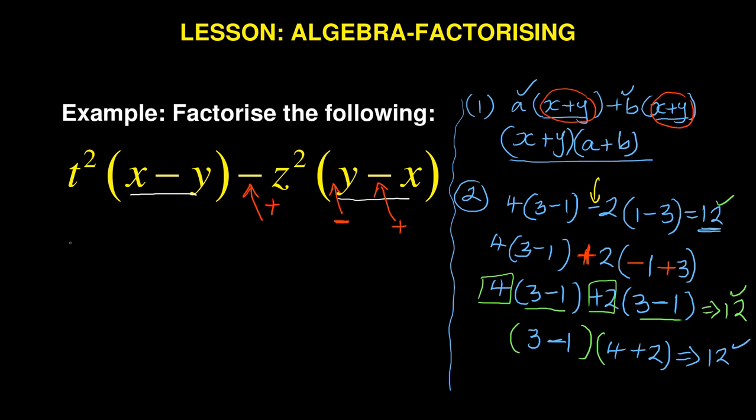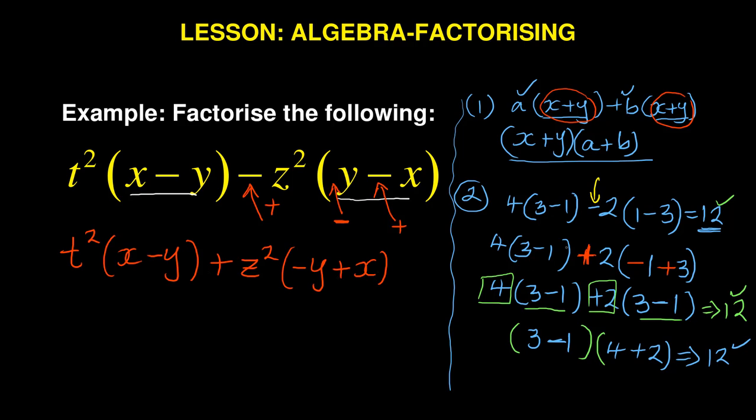So if I write that, I'll have t squared times x minus y. Now remember, I said I'm changing the z from negative, it will become a positive z squared. When I do that, the y will become negative y and then plus x.